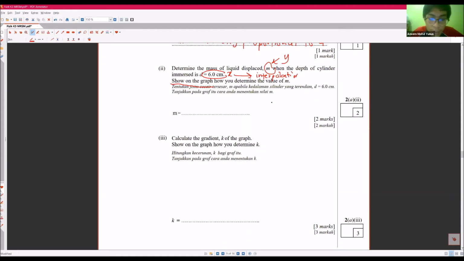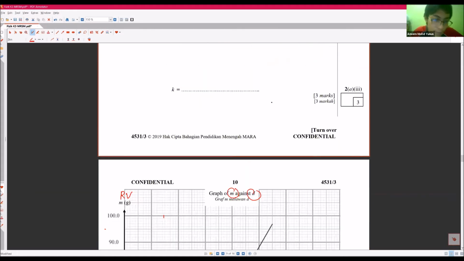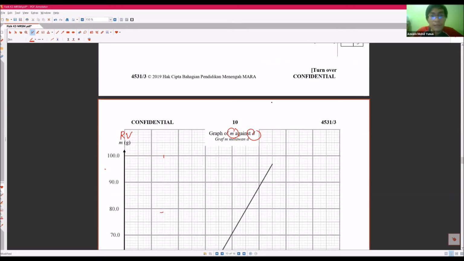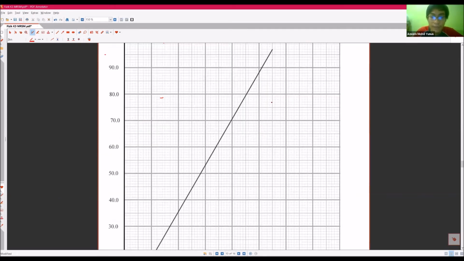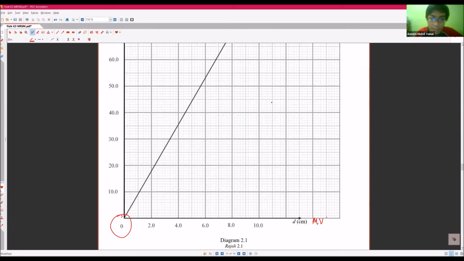This is very important: show the work, how you find the values. So what you need to do is draw a dash line using your ruler. Make sure it's a straight line using your ruler.